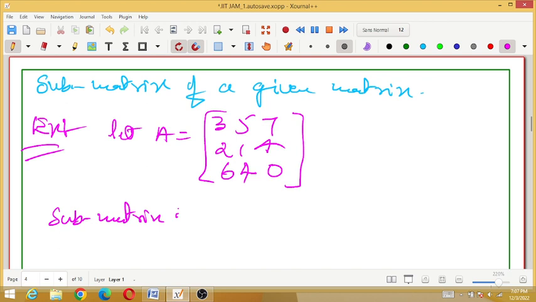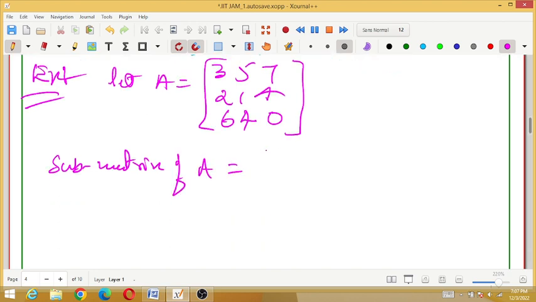Submatrix of A. So many submatrices will come. 3 5, 2 1, 6 4. By deleting the third column, this is one submatrix.